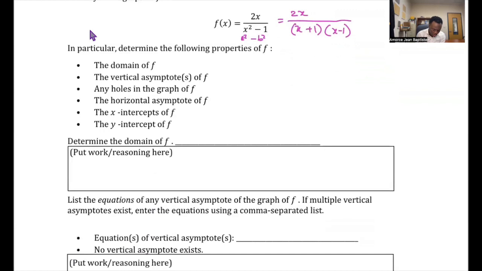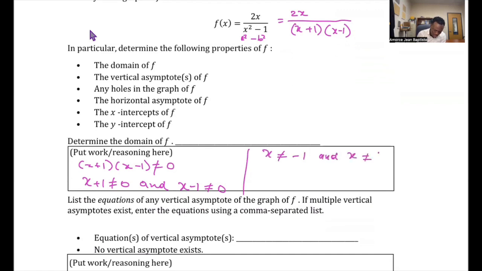So the domain will be x plus 1 times x minus 1 not equal to 0. So x plus 1 is not equal to 0 and x minus 1 is not equal to 0. So x cannot be -1 and x cannot be +1.